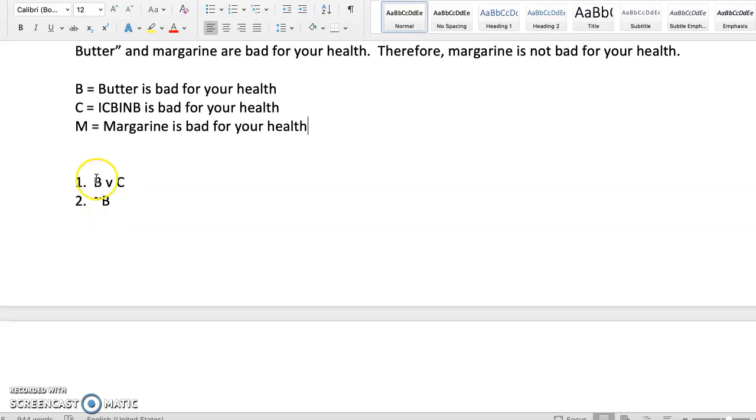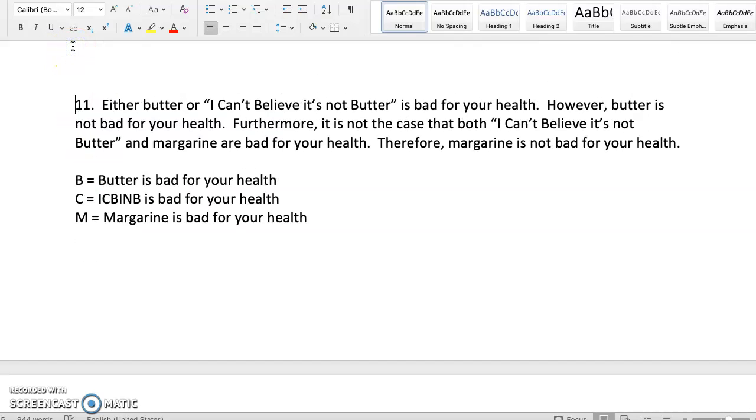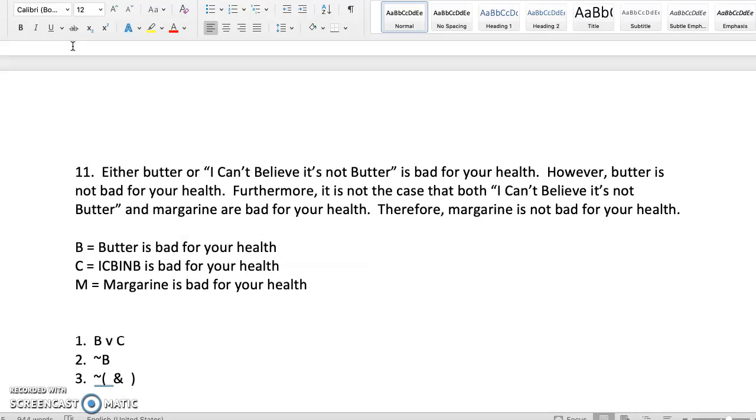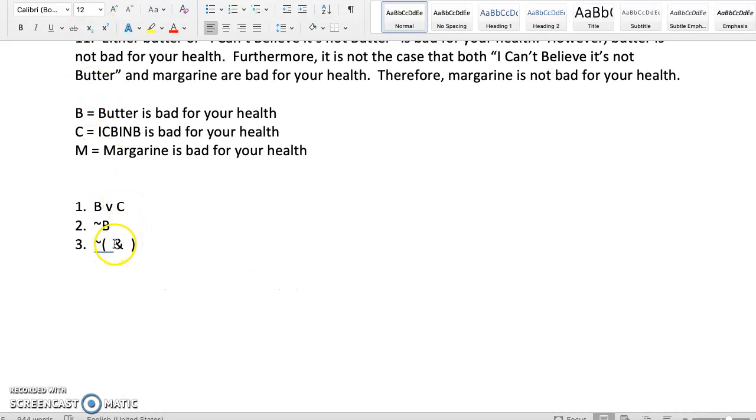So it's not the case that both I can't believe it's not butter, so that's C, and margarine. So not parentheses C and M. Therefore, so conclusion now, margarine is not bad for your health, not M.